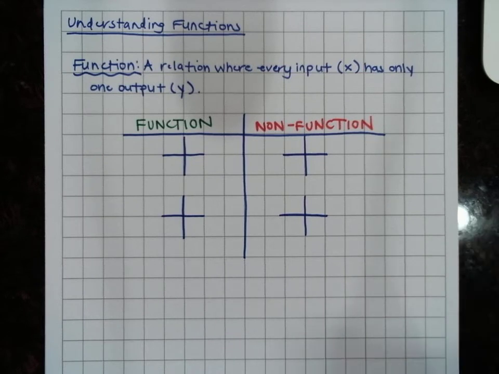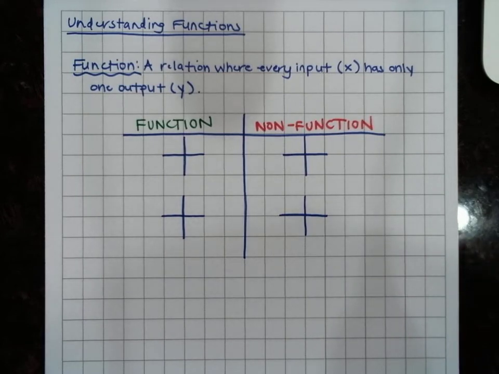Okay, so in regular terms, when you're thinking of a function, I like to have my students think of a vending machine. Say it's a soda machine. Every time you push the Sprite button, you get a Sprite. Every time you push the Coke button, you get a Coke.